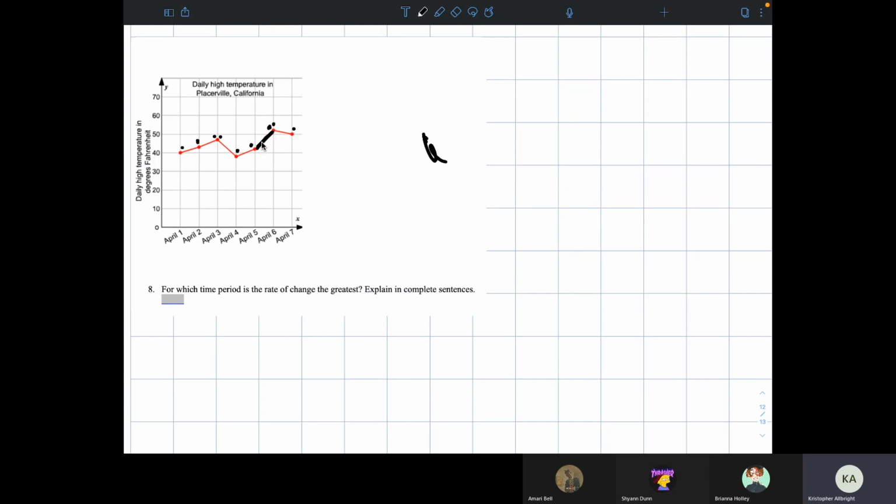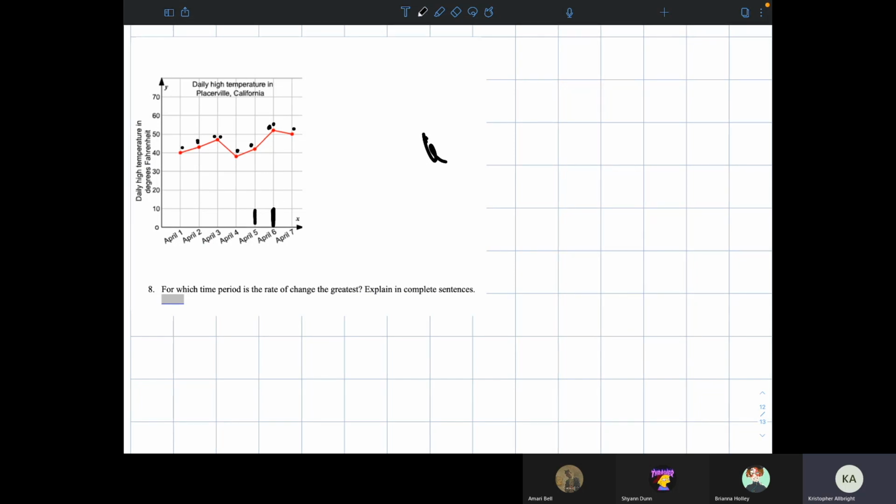So it's pretty much between this and this. To me, the one on the right looks a little longer, so I'm going to say that is where our rate of change is the largest. So which time period is the rate of change the greatest? I'm going to say from April 5th to April 6th.